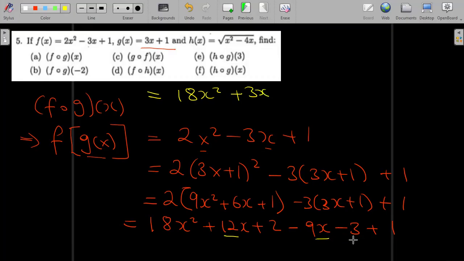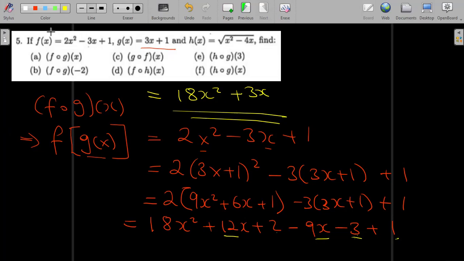Then adding the constants, 2 minus 3 plus 1 gives me 0. So I end up with the final answer being 18x squared plus 3x. So that is the function f of g of x.